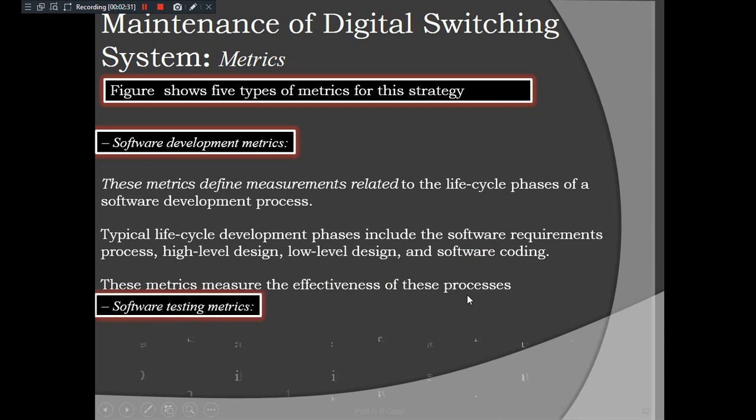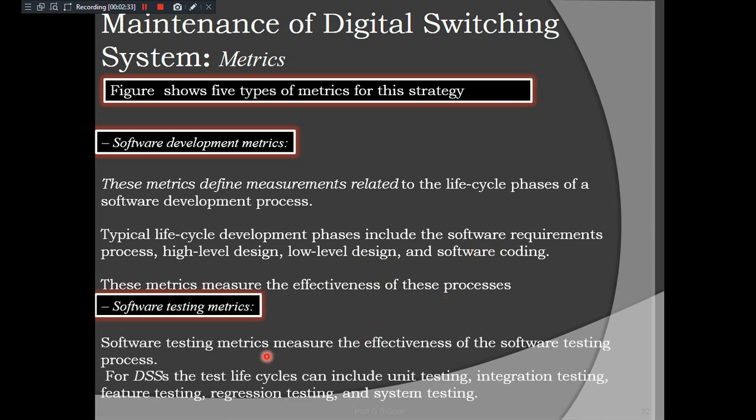Next, software testing metrics. They measure the effectiveness of the software testing process. For DSS, the test life cycle can include unit testing. Unit testing is concerned with each subscriber line terminating in its own line equipment number, which is in the line module.